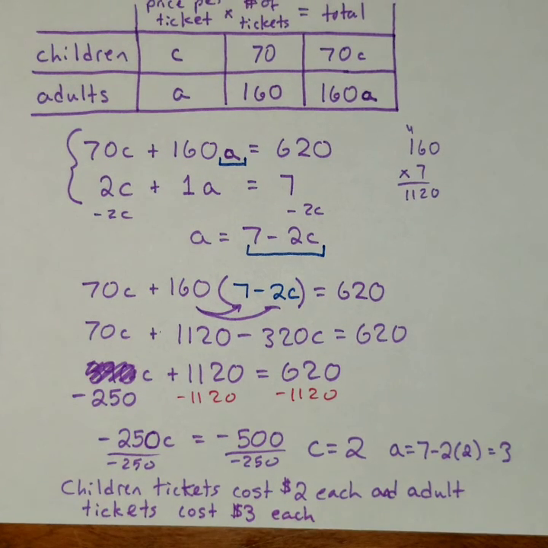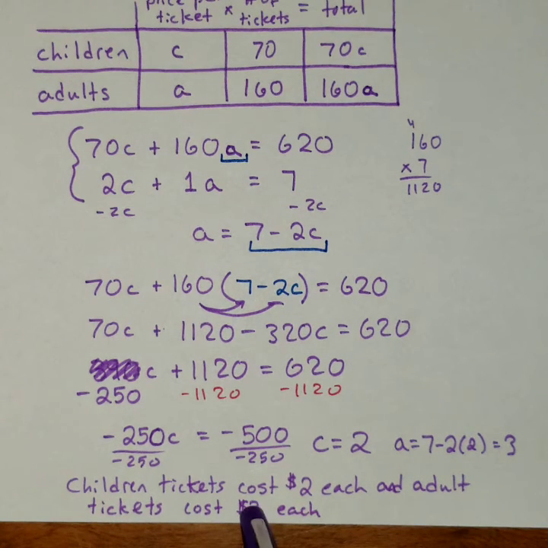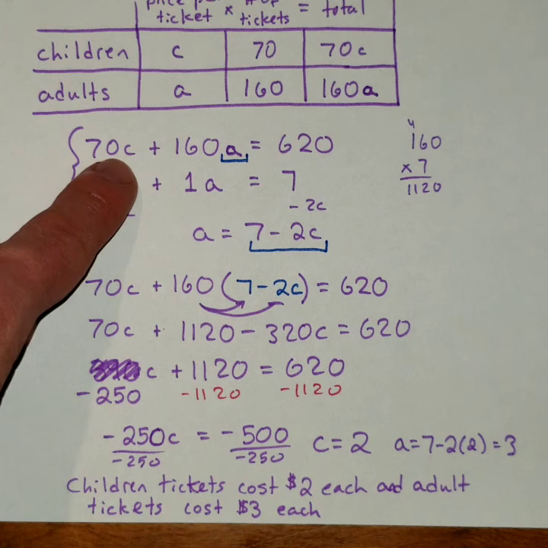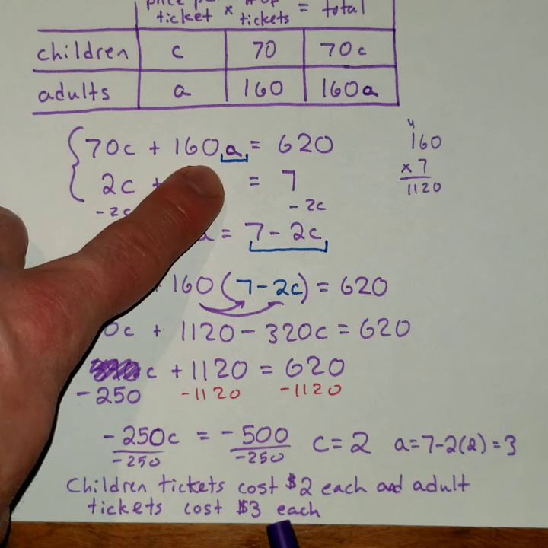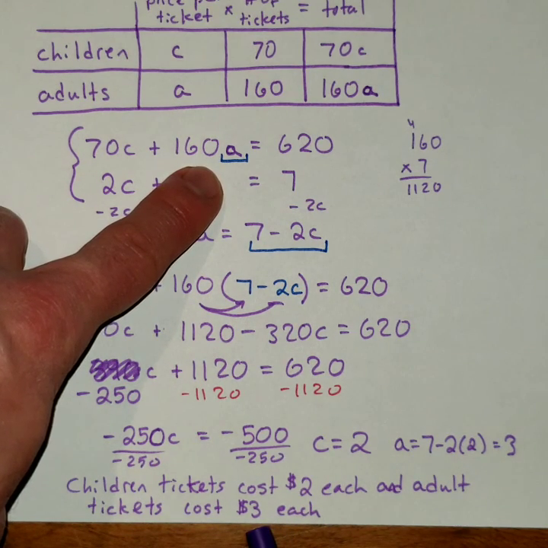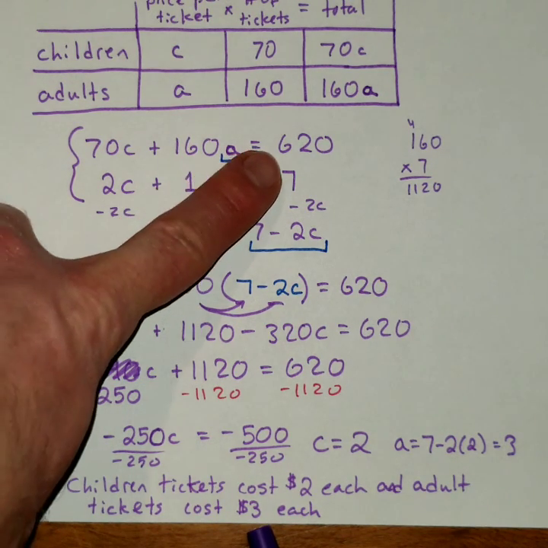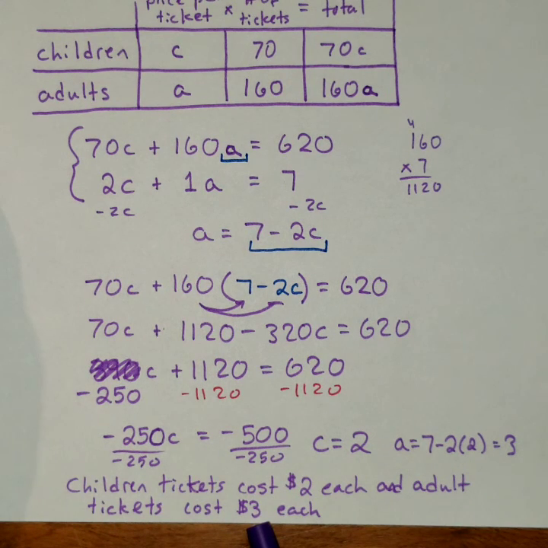And that would make sense, because one adult and 2 children will cost $7 total, right? 3 plus 2 plus 2. And if we put those into our other equation here, 70 times 2 is 140, and 160 times 3 is 480. 480 plus 140 should be 620. If you were to add that up, it should work out. Okay? All right.